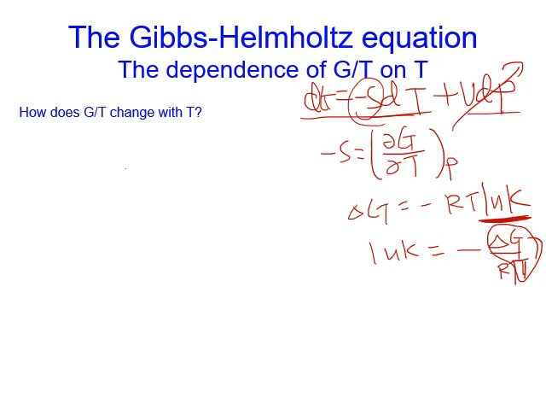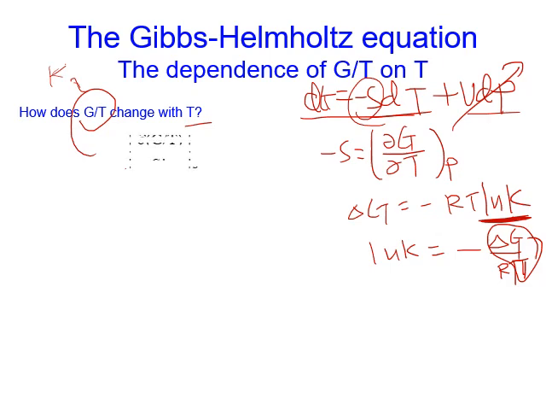So here we are going to derive an equation that tells us how G over T changes with temperature, because G over T is related to the equilibrium constant. So how do we do that?